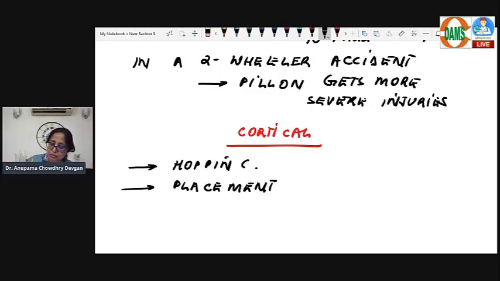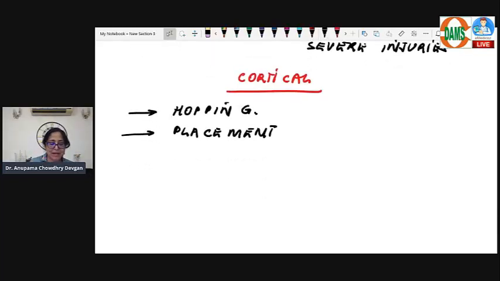What is a placement reaction? A placement reaction is like, for instance, if you have something in your hand which interests an experimental animal. Let's say you have a banana, there's a monkey in front of you. Wherever you keep the banana, he will automatically reach for that. That is called placement. Right?